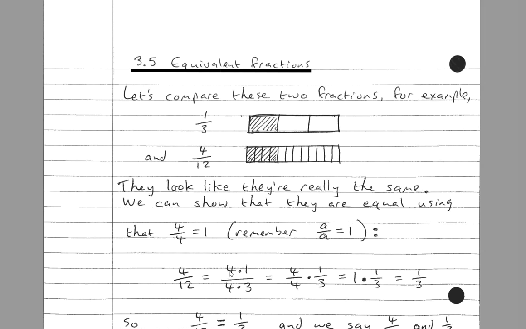So we have a matching 4 here. Okay, so from our box, that's equal to 4 over 4 times 1 over 3. 4 over 4 is 1. And if you multiply anything by 1, you just get the same thing. So that's 1/3.